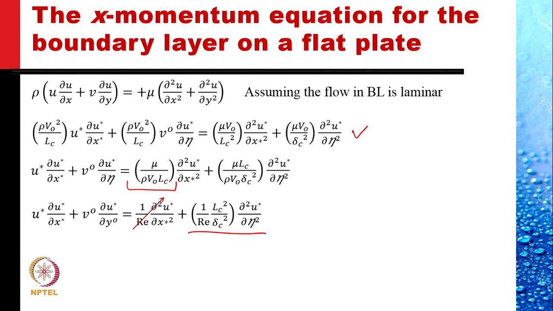So this term should be retained in the equation, and so this coefficient should be of order 1. And that is possible only if delta by L is 1 over root Reynolds number. That is, the boundary layer thickness is like L over square root of Reynolds number.